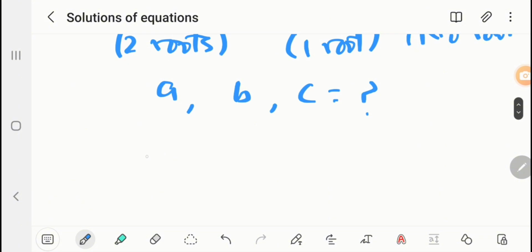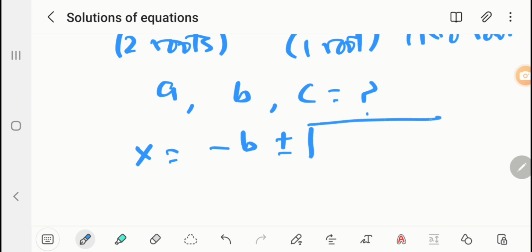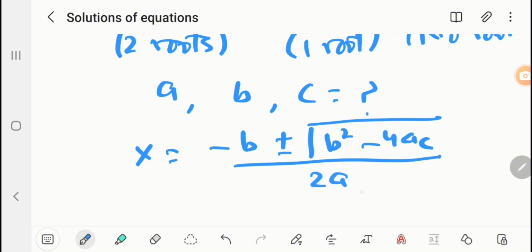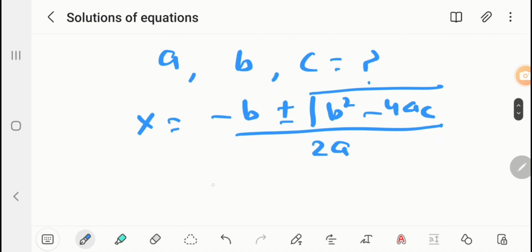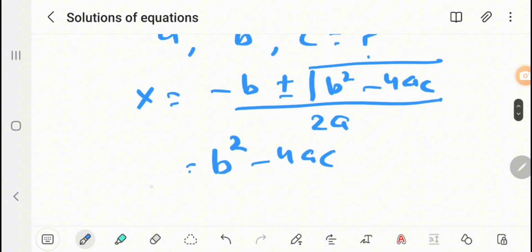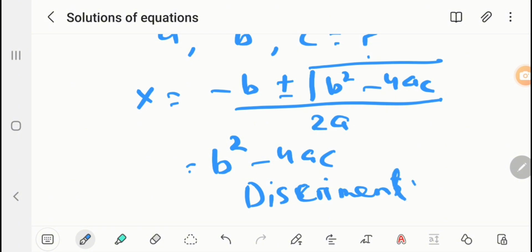Now in the quadratic formula, we have x is equal to minus b plus minus square root of b square minus 4ac, over 2a. The expression in the square root is b square minus 4ac. This is called the discriminant. By using just the discriminant, I can find the nature of the roots.